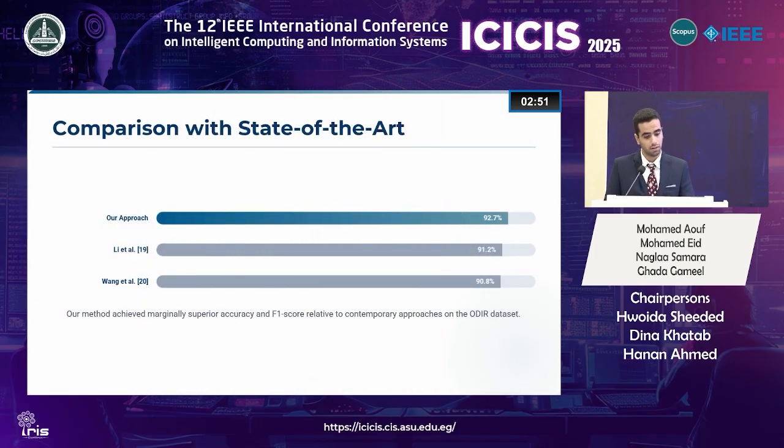So Li and Wang, we have a comparison between them. They used the same dataset and the same data processing. Our approach is slightly better than the first one, by about 2%.